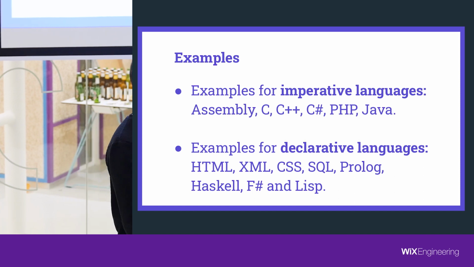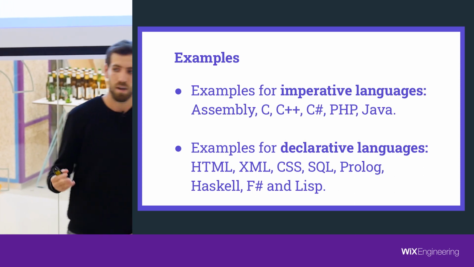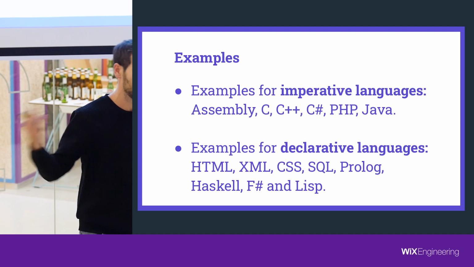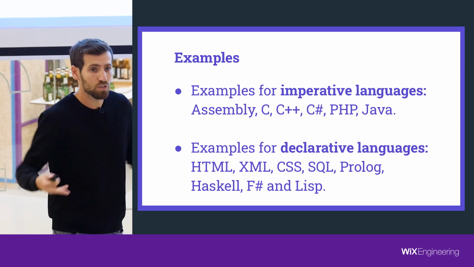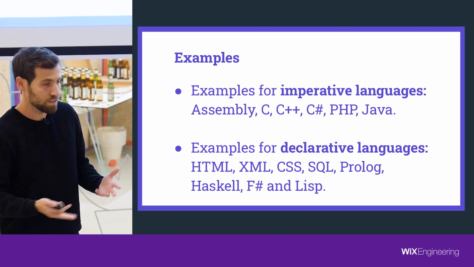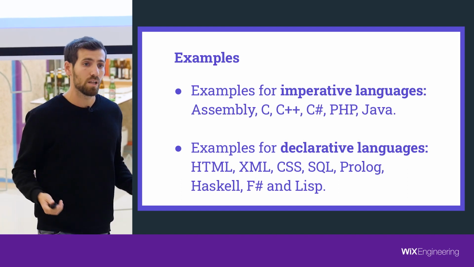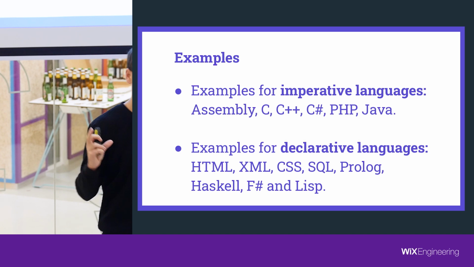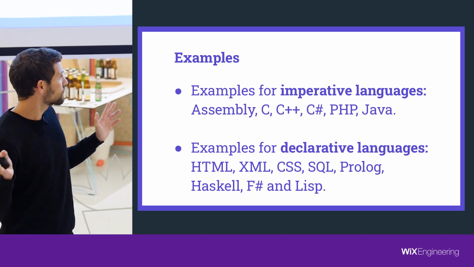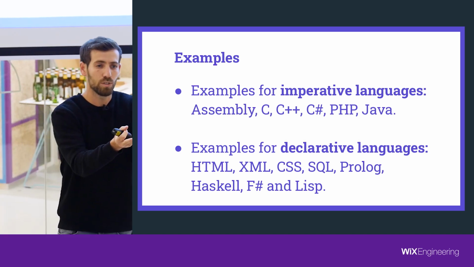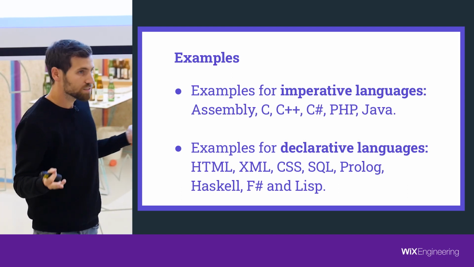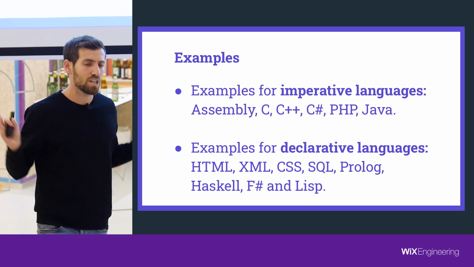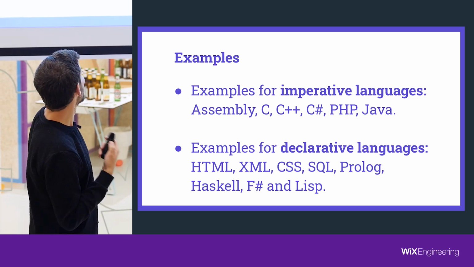In SQL, you ask, bring me all the blonde girls who live in Vilnius. You don't have to elaborate how to do it, right? You just say it. Also in HTML, you say, put an image here, and it will do it. This is the source of the image. You don't go pixel by pixel and draw the image, right? You just say, this is the image, and this is the source, and you just need to declare it.